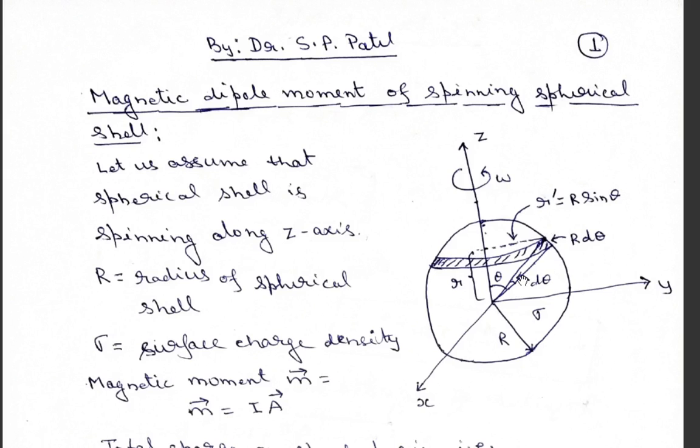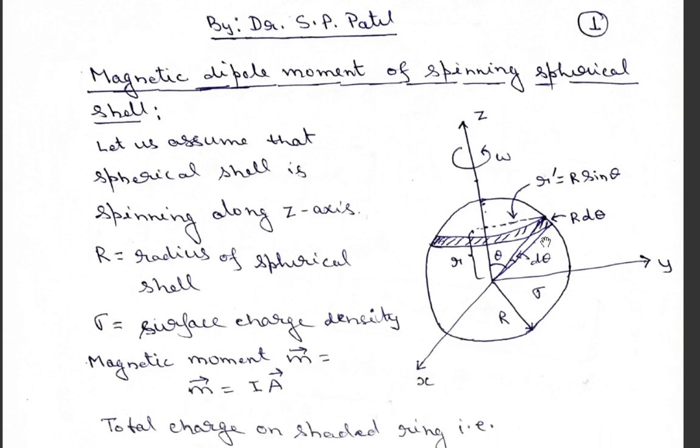So we know the surface charge which is uniformly distributed on the spherical shell, then we can determine how much charge is enclosed by this circular ring. If this is known, then we can find out how much current is enclosed by this circular ring, and then if the current is known and we can find out the area of the circular ring, we multiply these, and that will give the magnetic dipole moment of the circular ring. Okay, so that is what I am going to do now.